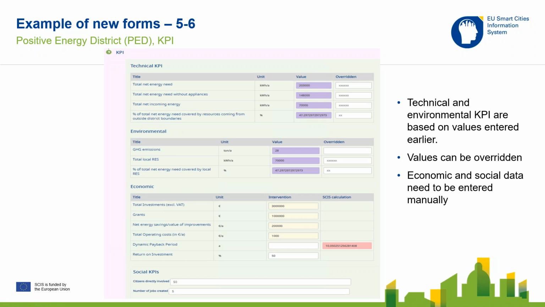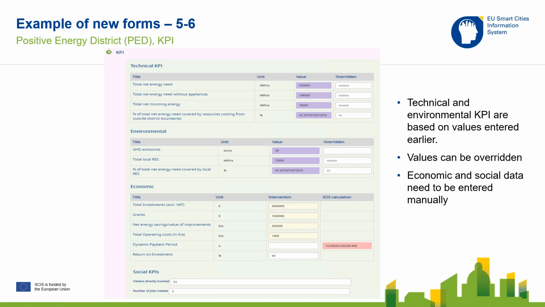The values are, for the most part, calculated automatically from the data that have been entered. But if you do not agree for some reason, because you don't agree with the methodology of calculations, etc., you can provide your own value, which will then override the value that is calculated by the system.